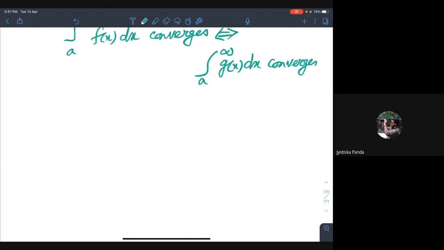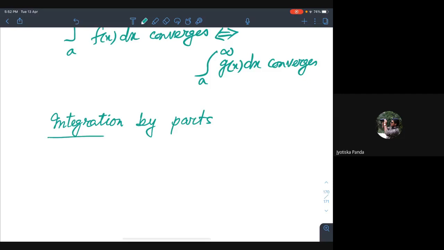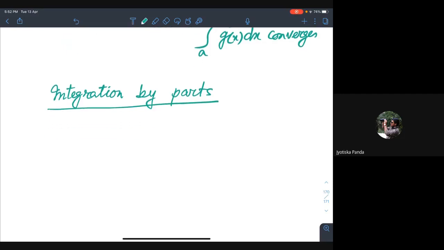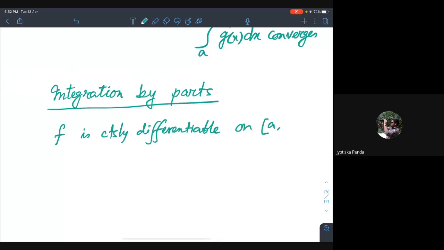So now let's look at integration by parts. Again, assume f is continuously differentiable on a to infinity and G'(x) equals g(x).